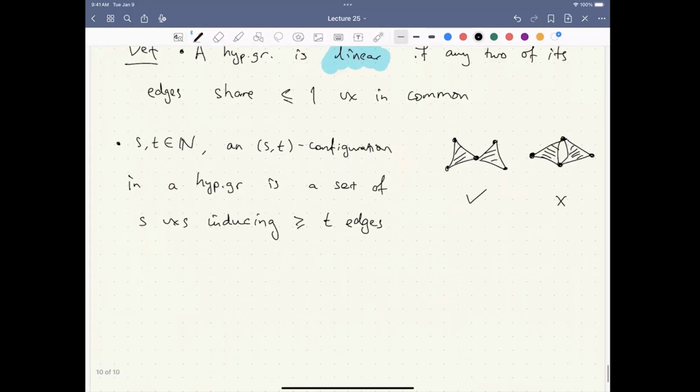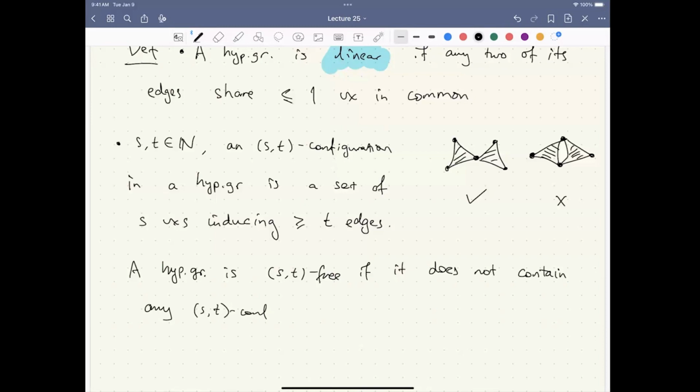And we say a hypergraph is ST-free if it does not contain any ST configuration.